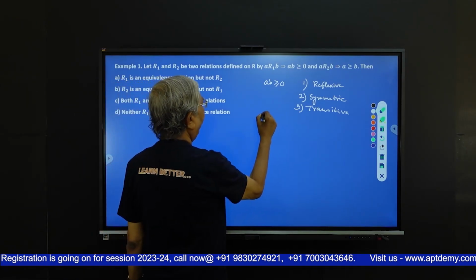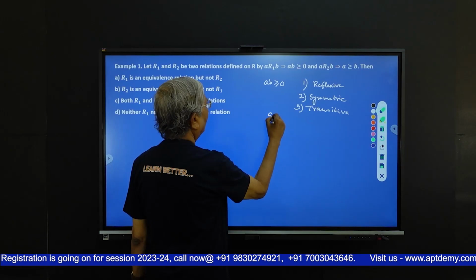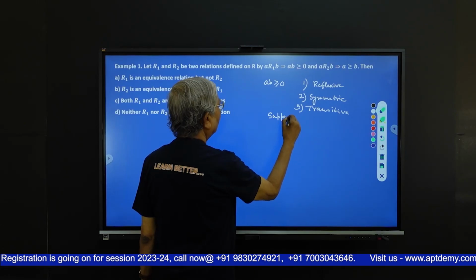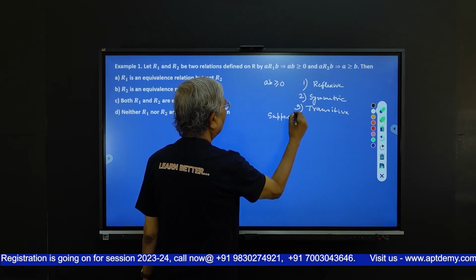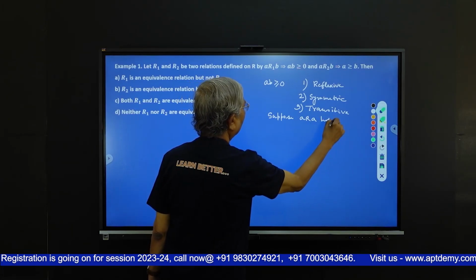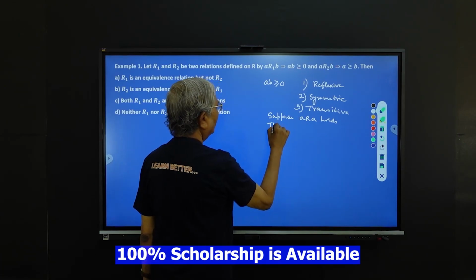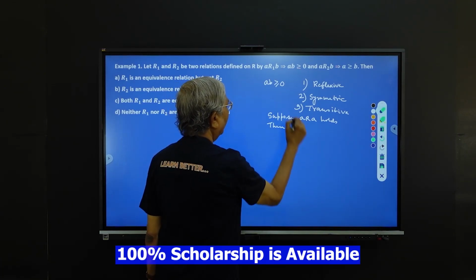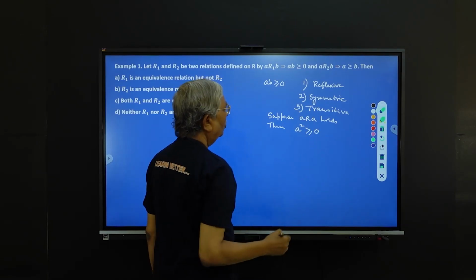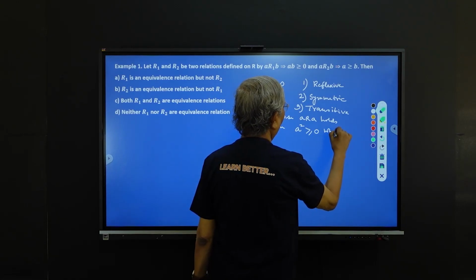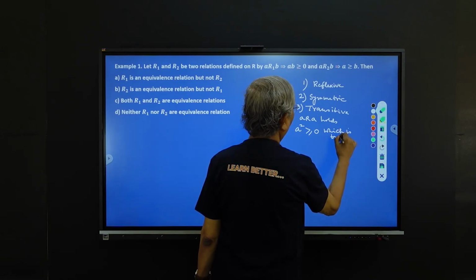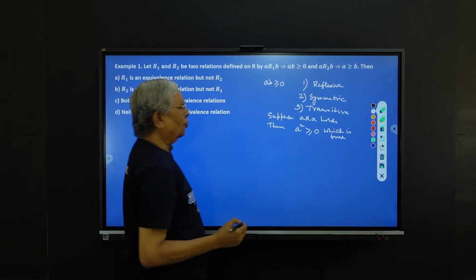Suppose a R a holds. Then a squared greater or equal to 0, which is true.